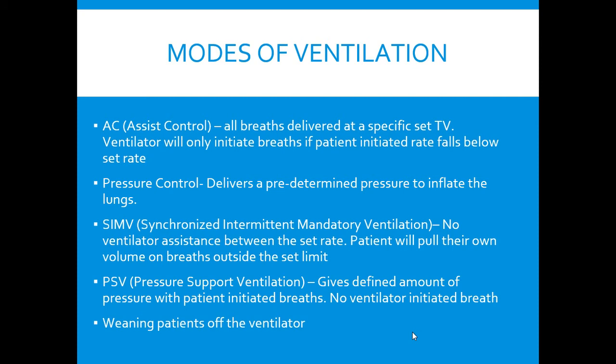The rate can also be set for 12 breaths a minute, whatever we want it to be at. And then we can also tell it to deliver a breath every so many seconds, every 5 seconds is typical, only if the patient doesn't deliver it itself. With this mode, the patient will never receive less than 12 breaths a minute.